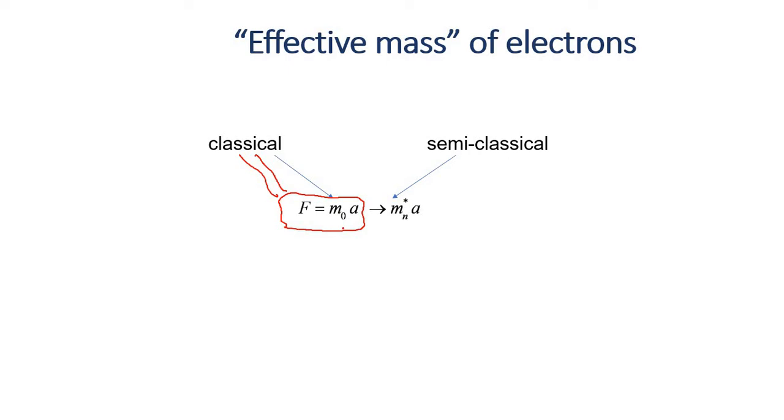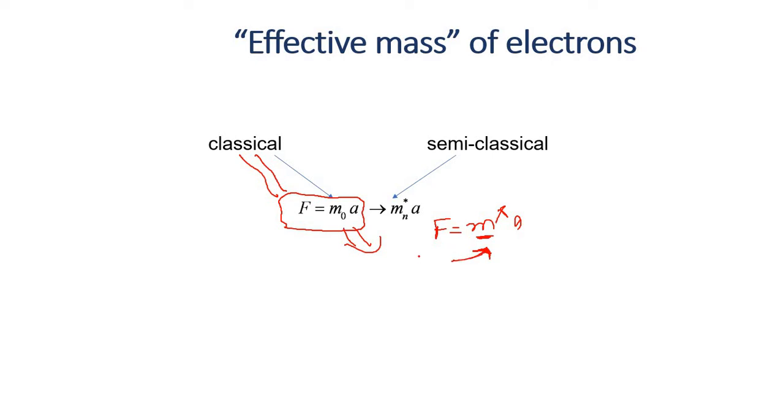They demonstrated it with a lot of experiments and theory and then came to this conclusion, that F is equal to m star a. So it takes all the complicated forces that are acting upon the electron in a crystal lattice and wraps up all these forces in this mass. This is called the effective mass.